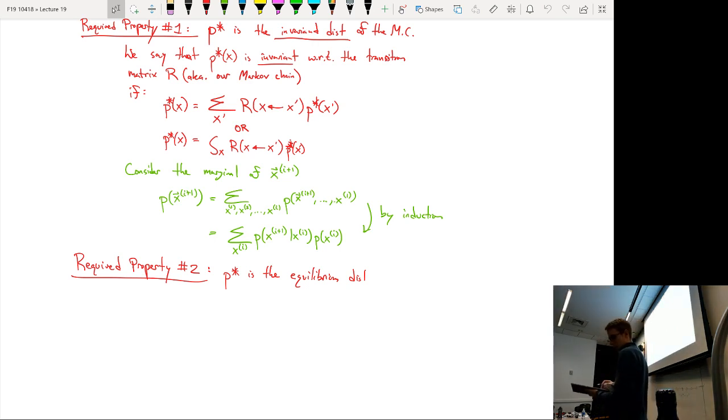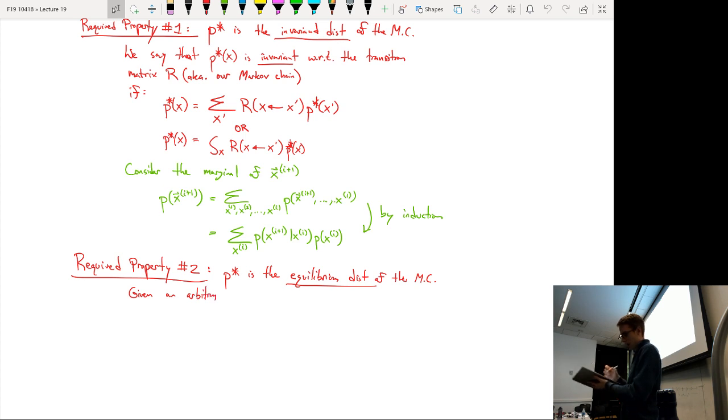Here's how we can define an equilibrium distribution. Suppose that we're given some arbitrary initial state, x_1. Doesn't matter where you start. And now suppose further that P star of x is invariant to our transition matrix R. So suppose that the first required property holds.